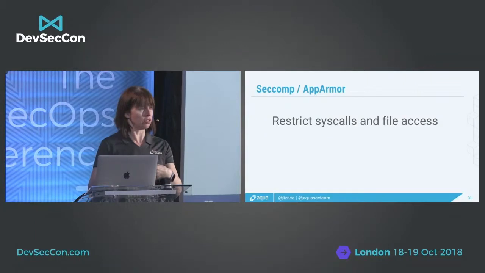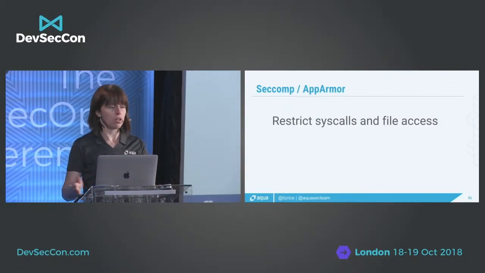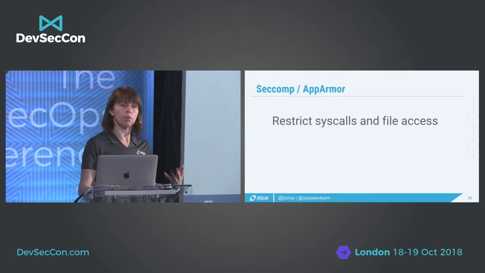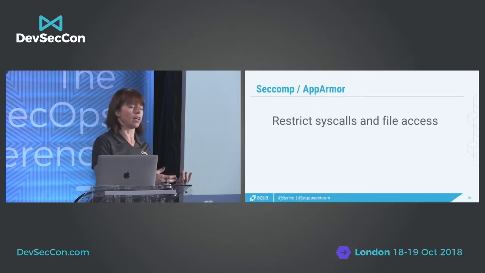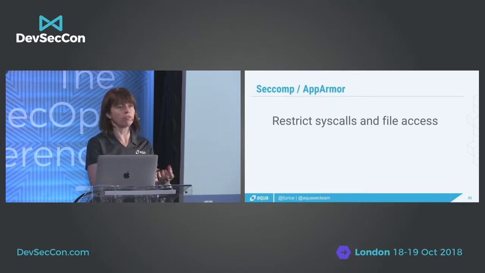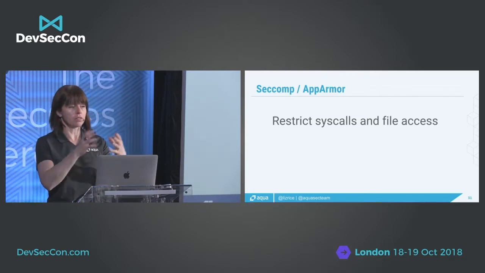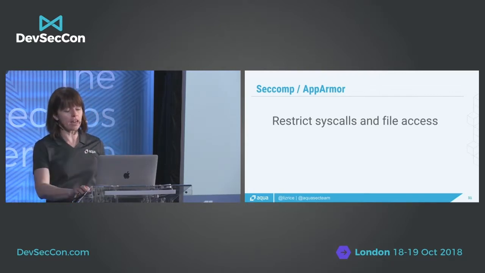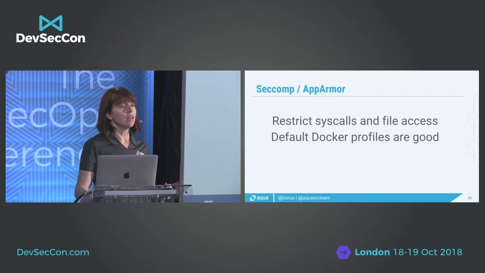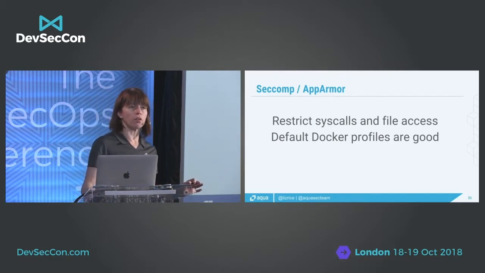You can use tools like seccomp or AppArmor or also SELinux to restrict the behavior that a container is allowed to do. You can apply a seccomp or AppArmor profile to any given running container. So you might have a different profile for each different container, or more commonly, you might want to use the default Docker profiles.